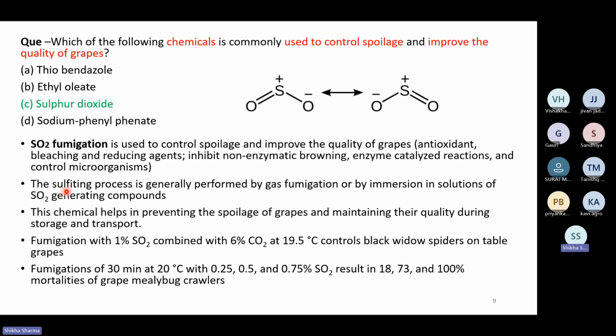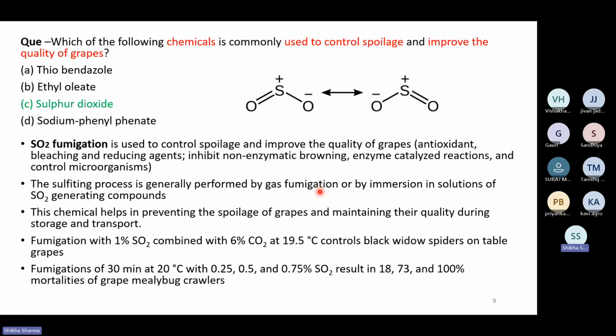When we are doing SO2 fumigation, the sulfiting process takes place. It is generally performed by gas fumigation or by immersion in solution. So when we are treating with sulfur, it can be done in two ways.